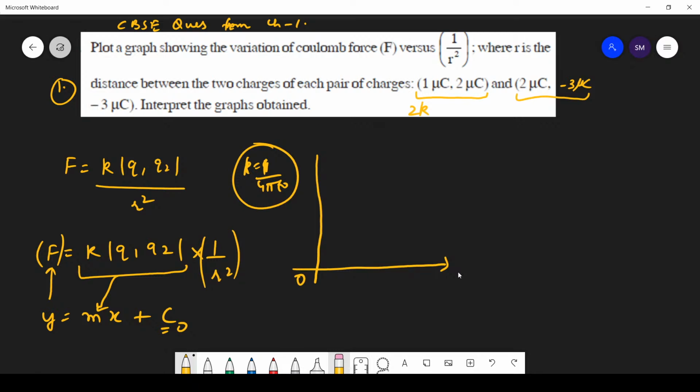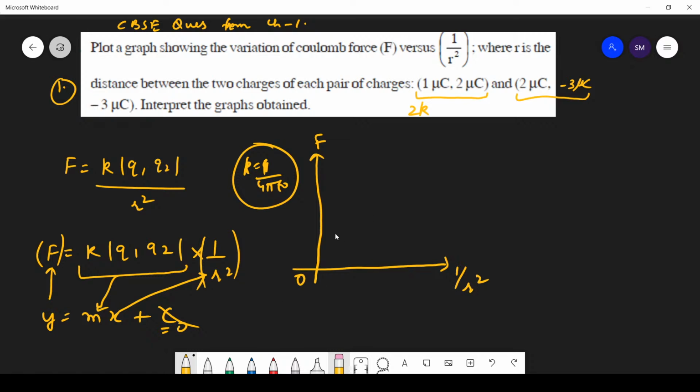On the x-axis we are plotting 1 by r square, and on the y-axis we are plotting the force. So y is equal to mx plus c is the standard equation, and c is equal to 0 here.